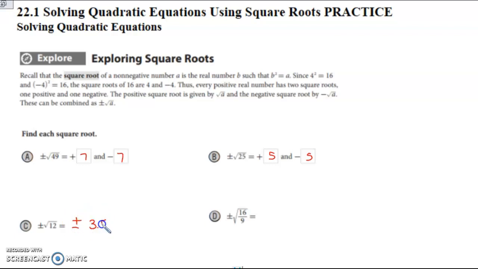It may ask you to round to the nearest hundredth. Rounding it to the nearest tenth, I get 3.5. So it's approximately, it's not going to be exact. You can also say not a perfect square.